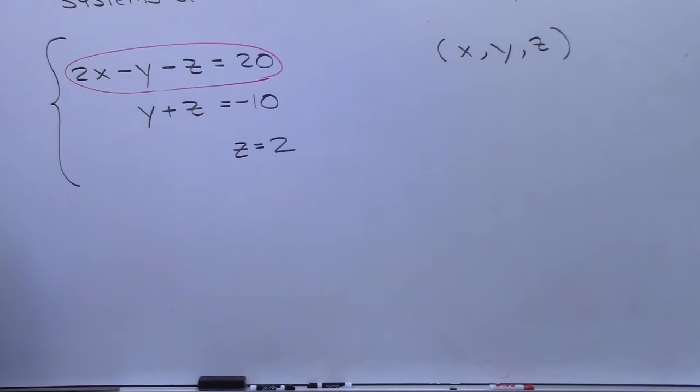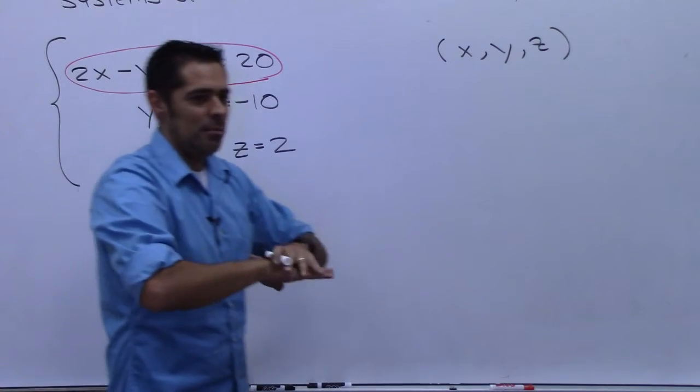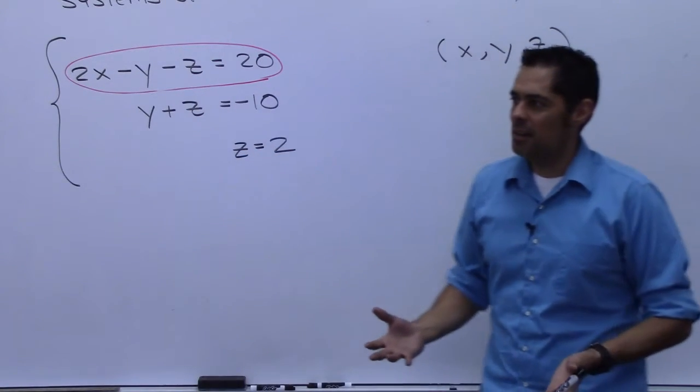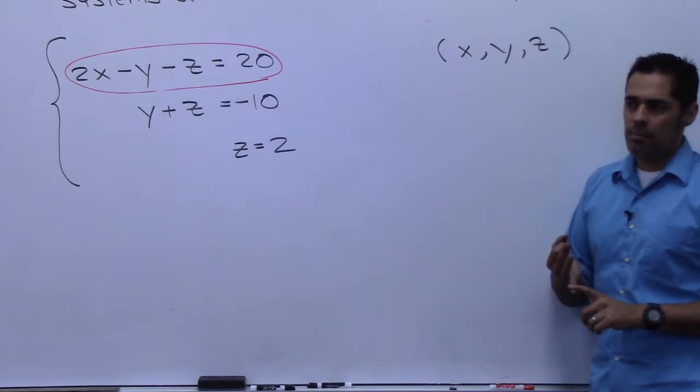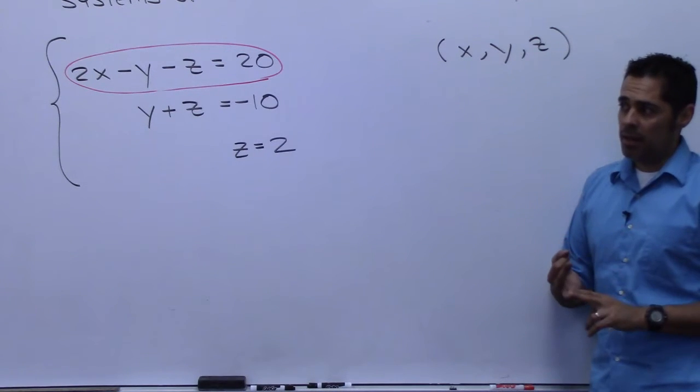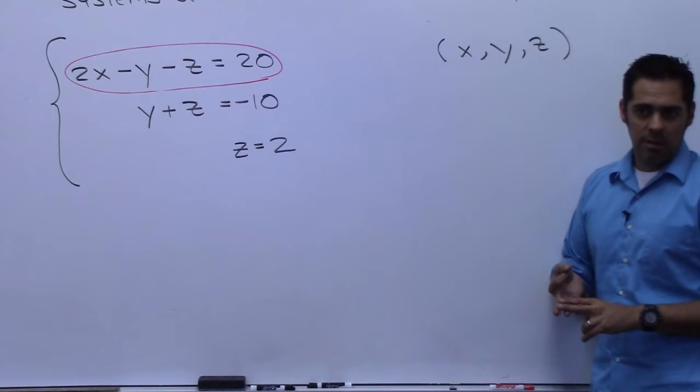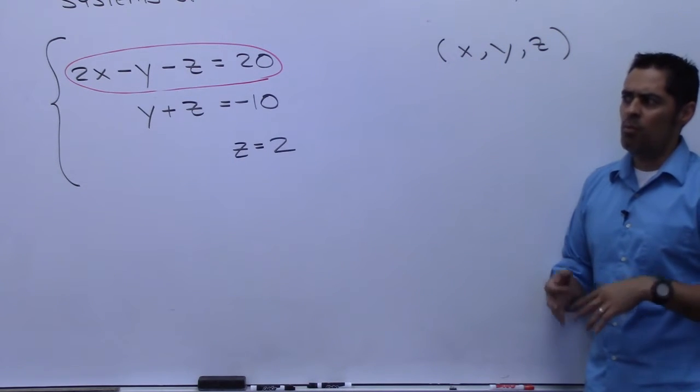So what if they're all on top of each other, the same plane? Then we have an infinite number of solutions, right? So with lines we had three things: they hit at a point, they don't hit, or they're the same line. With planes we have some more scenarios.